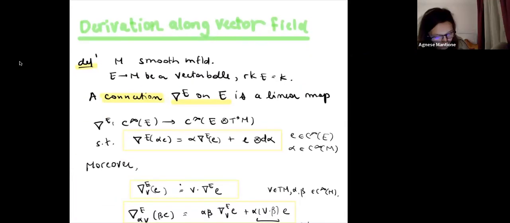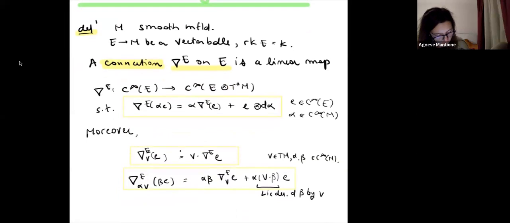On a vector bundle of finite rank K over R, a connection would kind of simulate a derivation for sections of the vector bundle along vectors of the tangent space. It's a linear map, and it has to satisfy this equation. Moreover, we are interested in the derivation along vectors of our tangent space, and so we denote this in the following way.